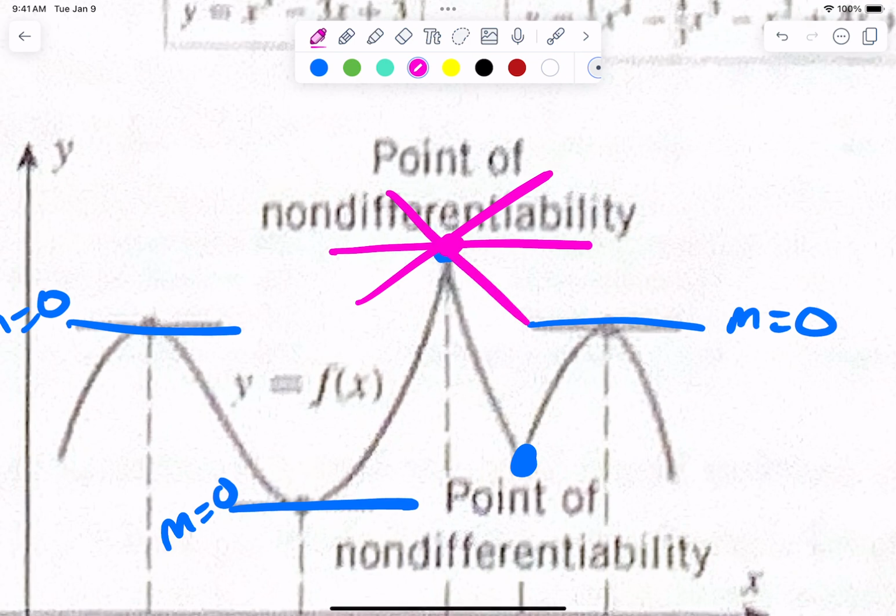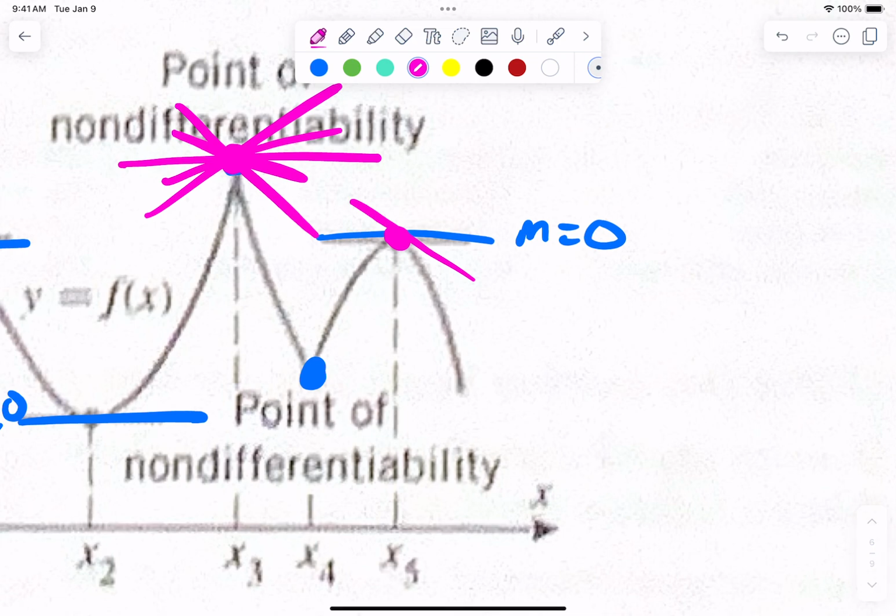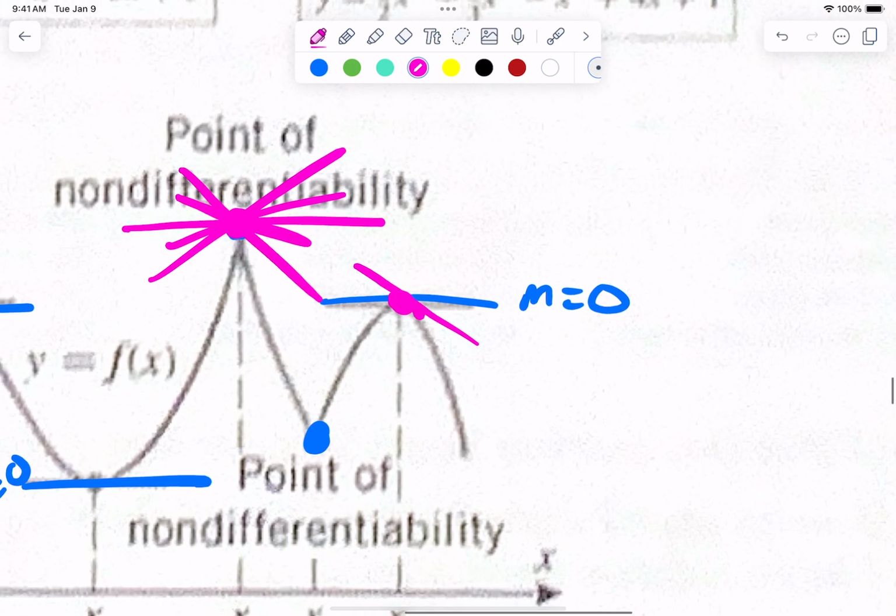So I could draw multiple lines through that exact dot. Versus this guy, I couldn't slant him to the side because then he would graze there and wouldn't graze at the top. The only tangent line I can draw through that point is one that goes horizontal.